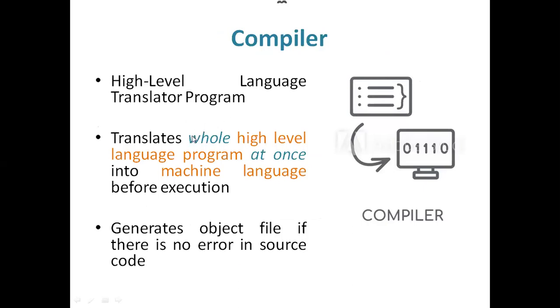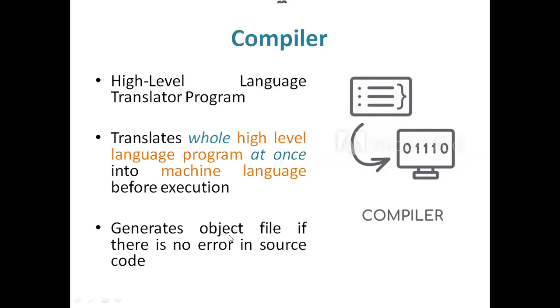How does the compiler work? It translates the whole high-level language program at once into machine language before execution. That means the complete program which you have written will be translated into machine language and then it will be executed.